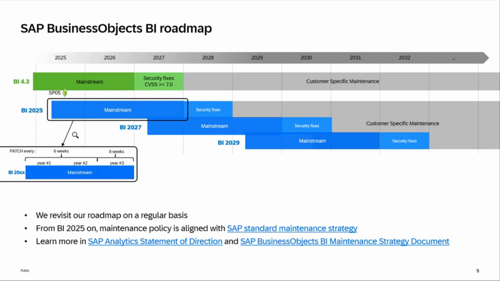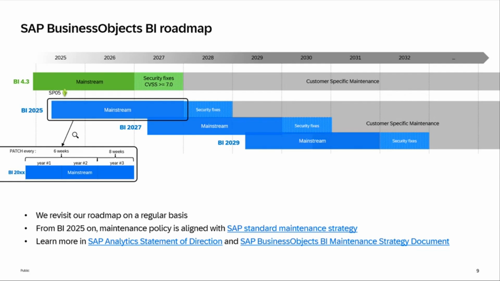Obviously, between those two versions, we deliver patches every 6 weeks and then every 8 weeks. And in case we need to deliver hotfixes, we do so. But incremental versions are delivered every 2 years, which means that if you want to stay on top of the greatest and latest, you only have to upgrade every 2 years. And we want to give a window of visibility of at least 5 years.